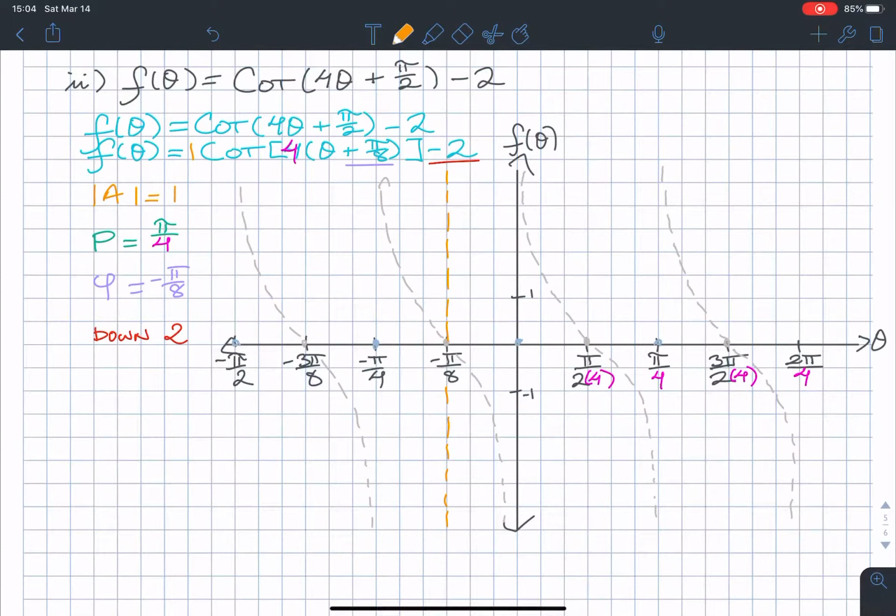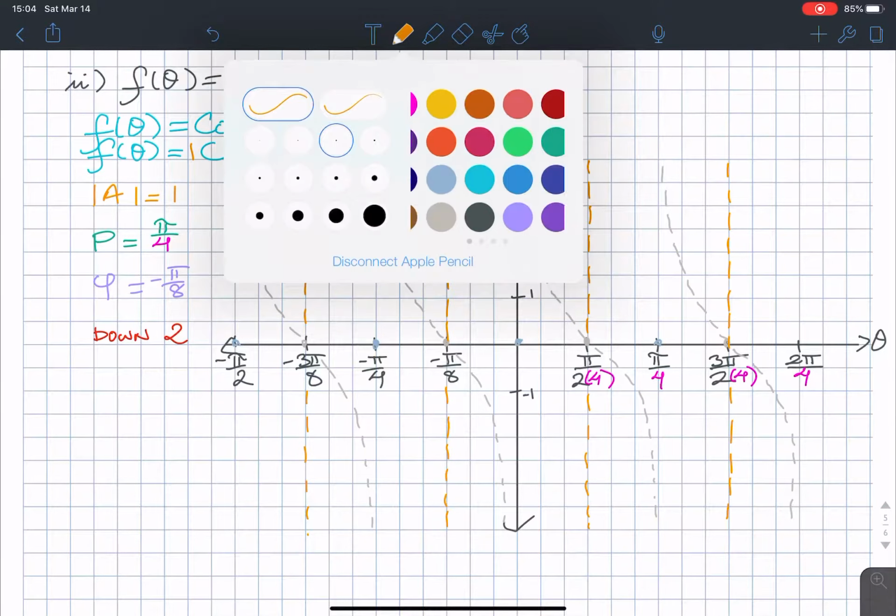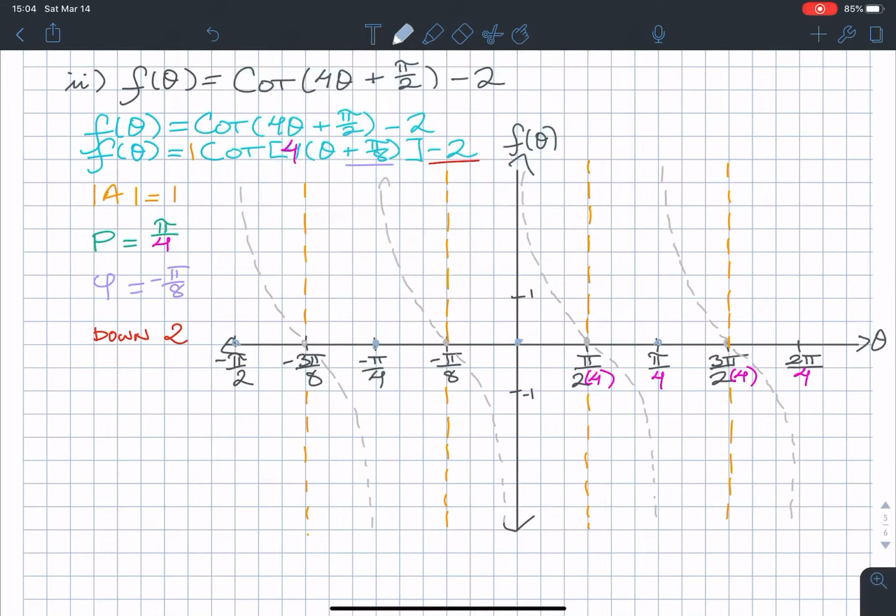So that is where cotangent used to go through 0, is now an asymptote. And vice versa. That is, wherever there used to be an asymptote, cotangent is now 0. Okay. So we know cotangent goes downhill in reading direction.